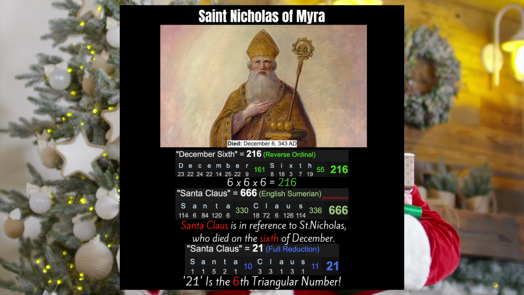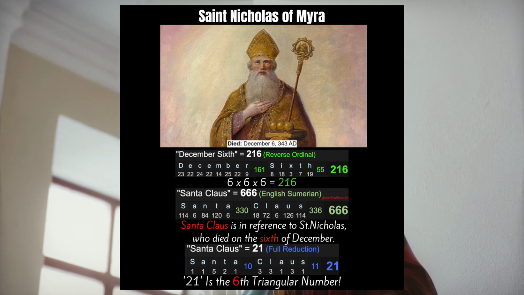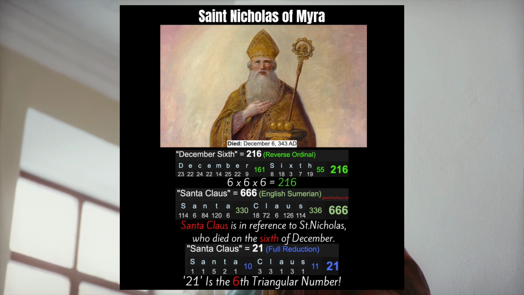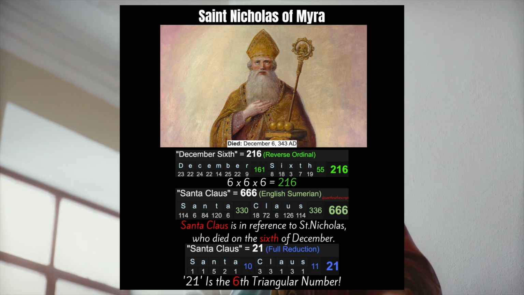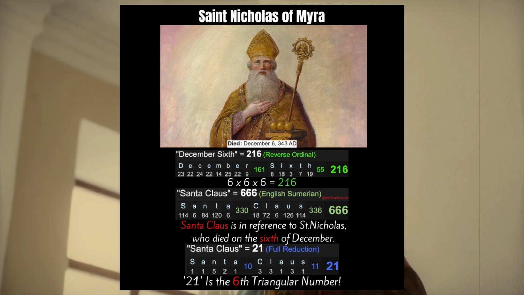Now, Santa Claus is, again, in reference to Saint Nicholas, who died on the 6th of December, and Santa Claus equals 21 in the most pure cipher, being full reduction. 21 is the 6th triangular number, meaning if you add 1 through 6, it equals 21.